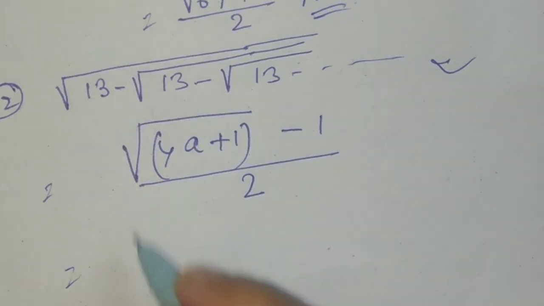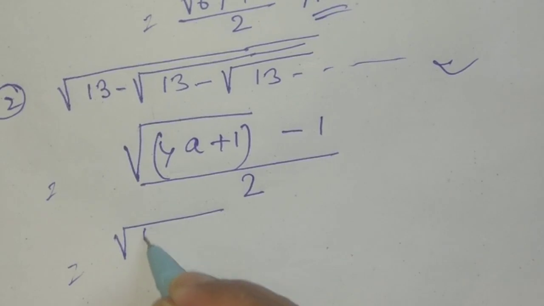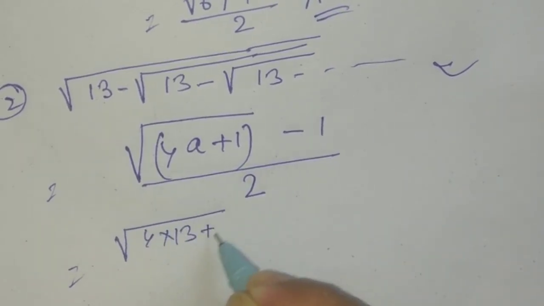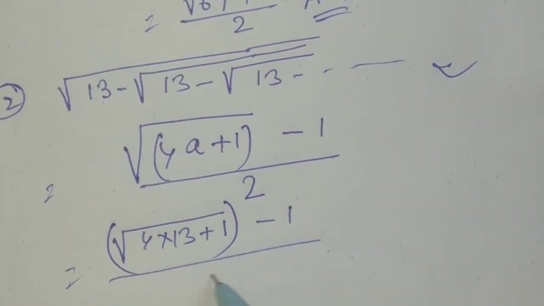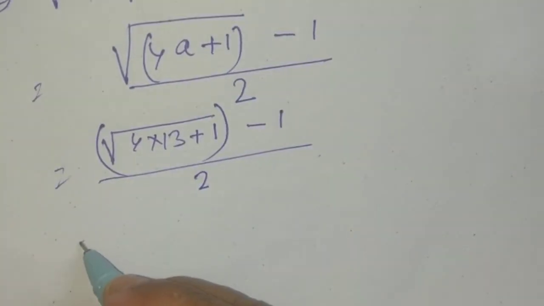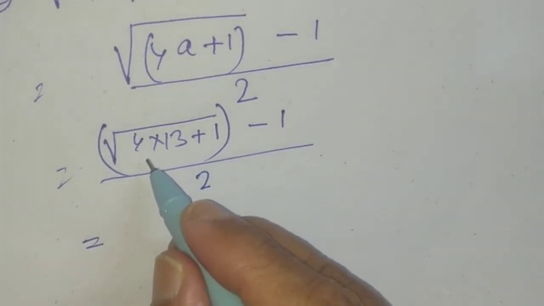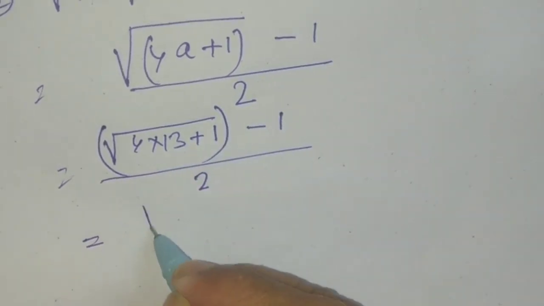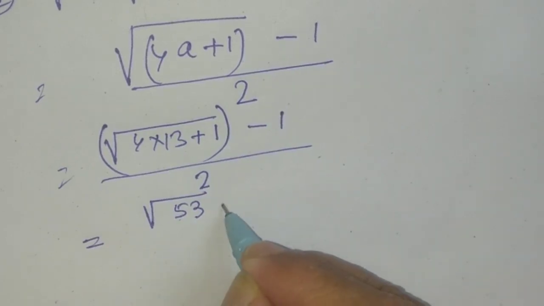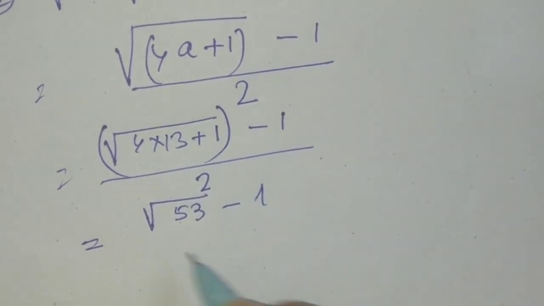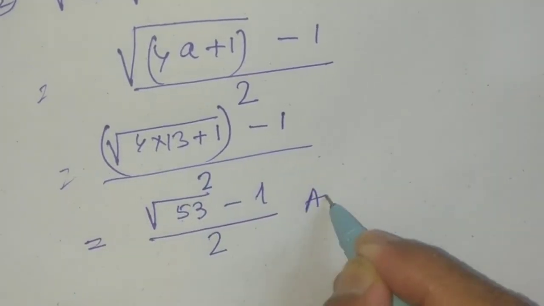So put the value of a equal to 13. 4 into 13 plus 1, whole root, minus 1, divided by 2. So the answer is root over 53 minus 1, whole divided by 2.